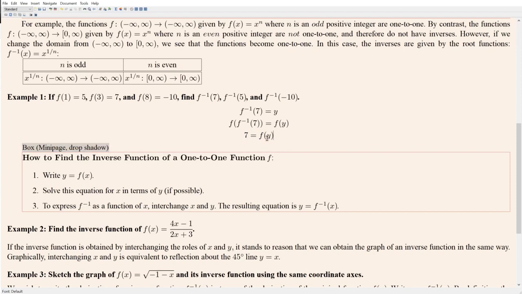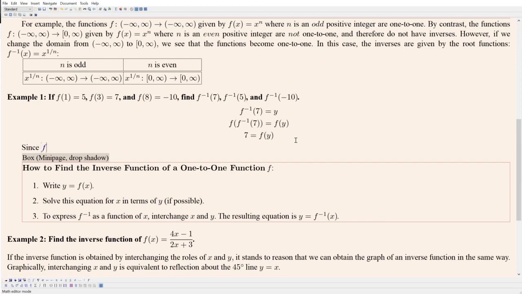Well, if a function is 1-to-1, then that means there is one and only one value of the domain which maps onto 7. And conveniently enough, we already have that. It's 3. We know that 3 maps onto 7, and because it's 1-to-1, nothing else can possibly map onto 7, because otherwise it would fail the horizontal line test.